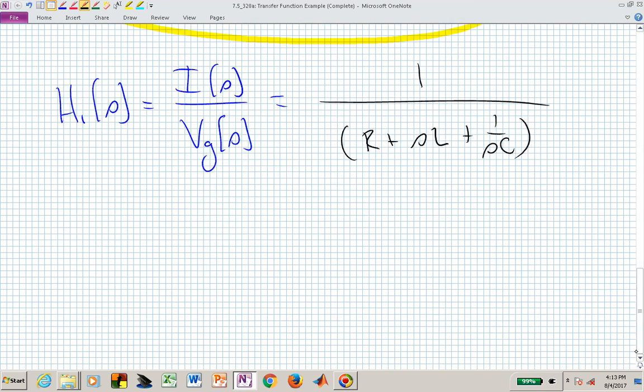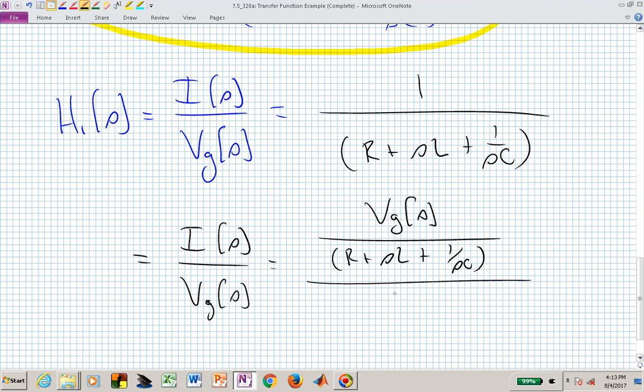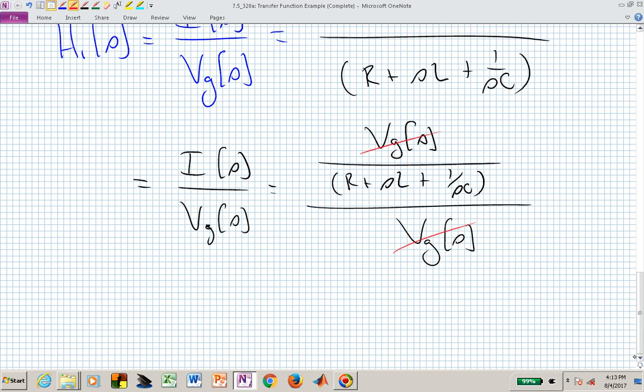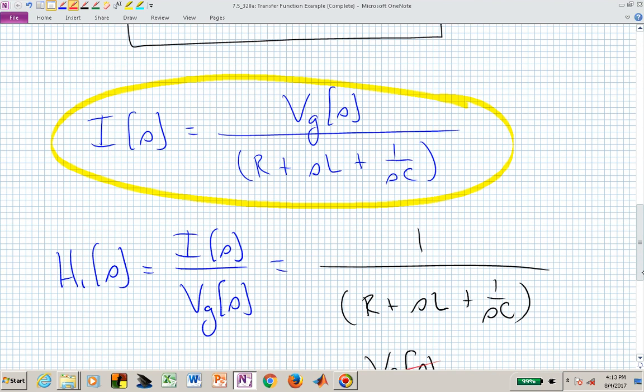Or we could say I of S over V sub G of S, where I of S is V sub G over R plus SL plus 1 over SC, and divide that by V sub G of S, so that the V sub G's cancel, and again H sub 1 of S becomes 1 over R plus SL plus 1 over SC, just as before.